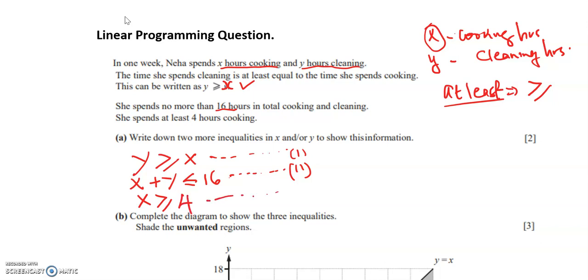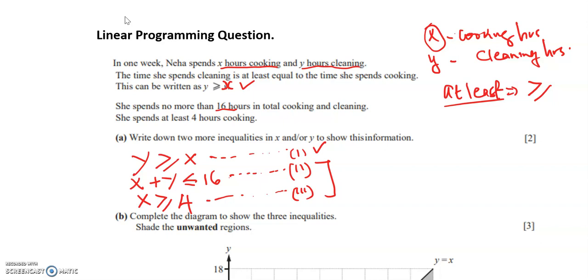So this becomes your inequality number 3. But in this case, you are told to write down 2 more inequalities. This one was given, so you are getting 2 more inequalities, which is inequality number 2 and inequality number 3.